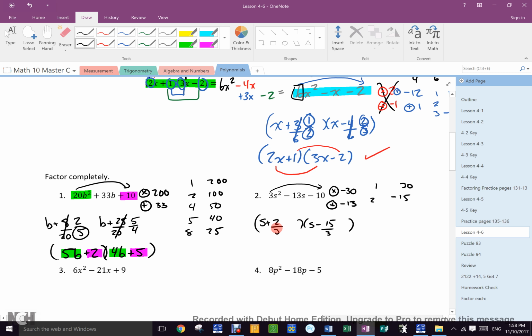Does that simplify? It's simplified. So where does the 3 go? To the front. 3s plus 2. Does that simplify? To what? 5. s minus 5.